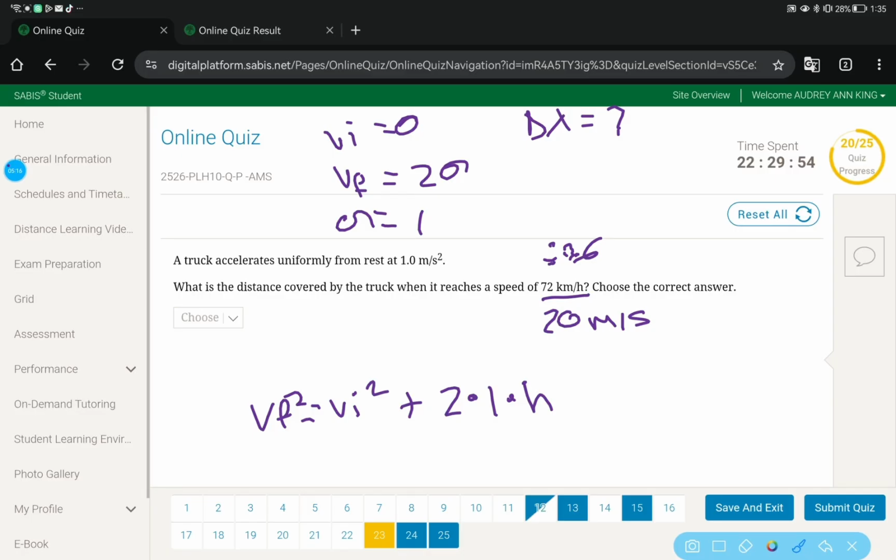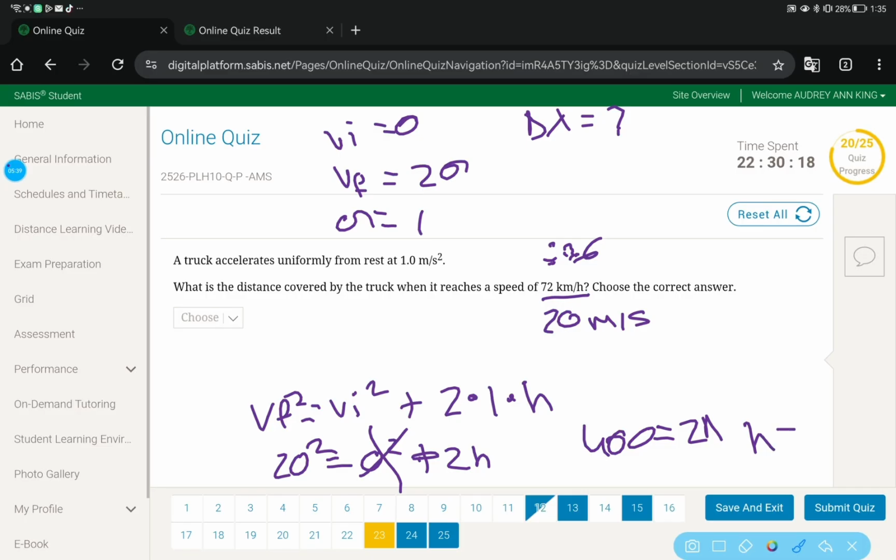The 1 is the acceleration, by the way. So 20 squared equals 0 squared plus 2h. 20 squared is equal to 400, and 400 divided by 2 is 200, so h is equal to 200. The displacement is equal to 200.